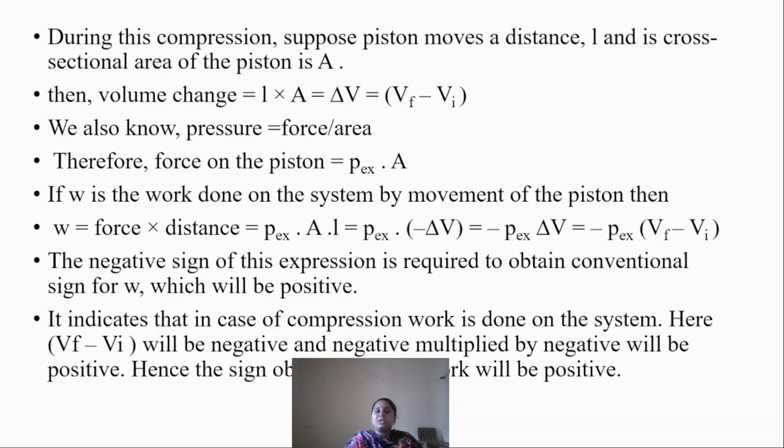So we know that pressure is equal to force by area. Therefore, the force on the piston is P external multiplied by A. So the work done on the system is equal to the movement of the piston, then W is equal to force into distance, which is equal to P external into A into L. So P external into delta V, with a minus sign, where delta V is Vf minus Vi.